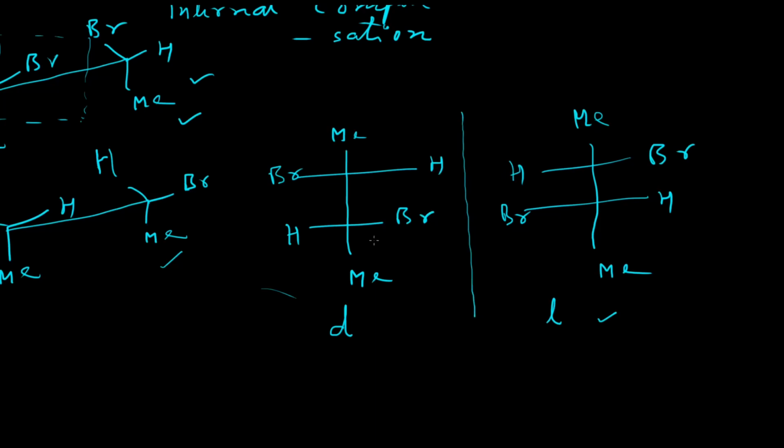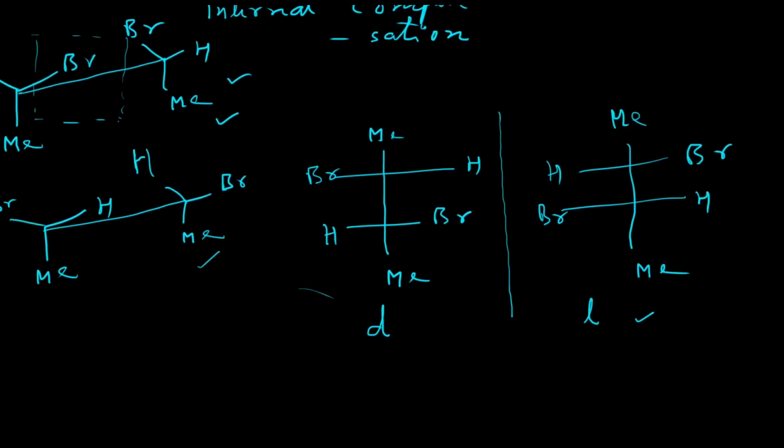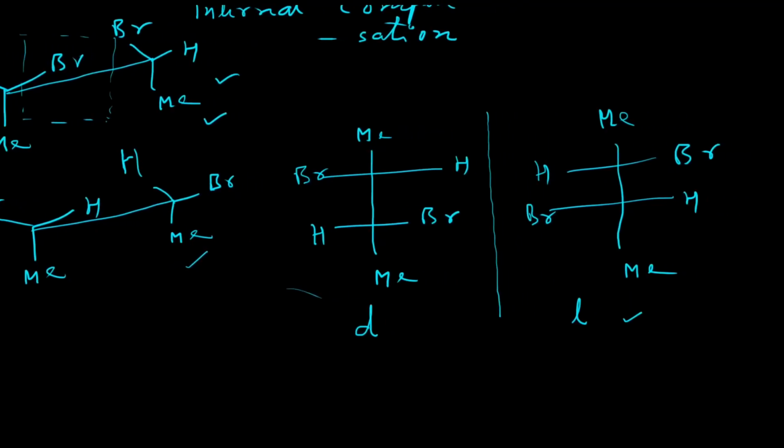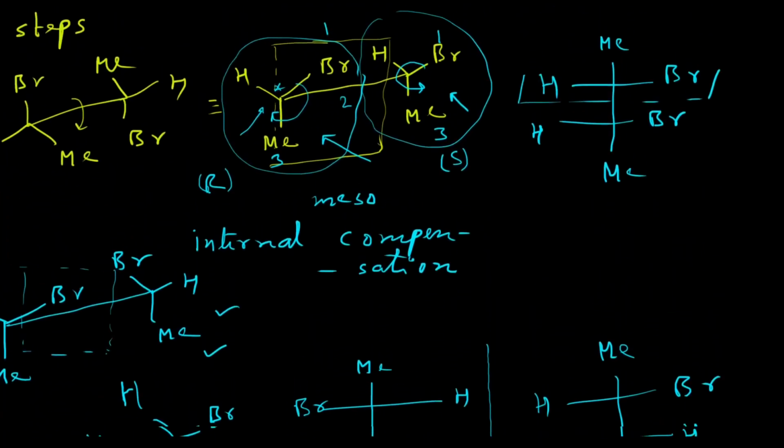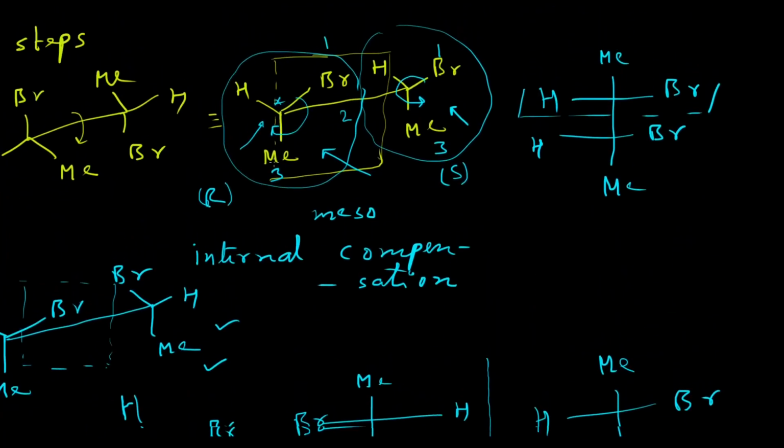This molecule is a mirror image to this molecule and they are not superimposable. Okay. So if the syn addition of bromine molecule takes place in the olefin, then a DL pair will form as the product. And if anti-addition takes place, then a meso compound will be the product.